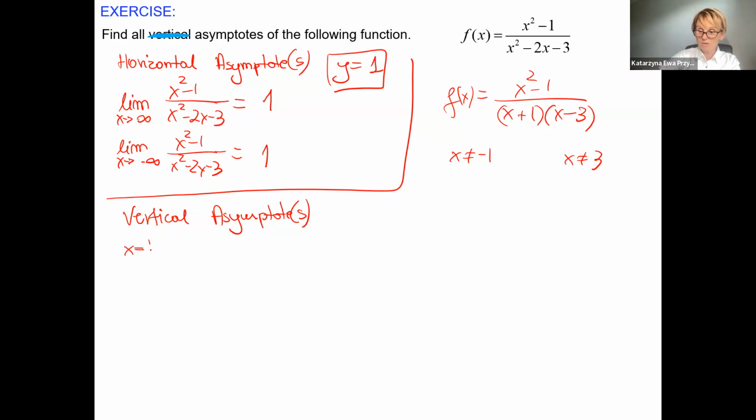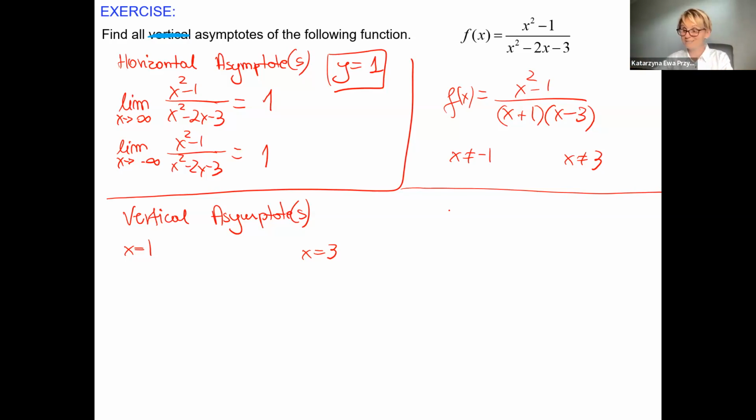Okay, that means maybe this and this, but they are just question mark, because not all of the numbers that are not in the domain are asymptotes. We remember algebraically, if we can eliminate that factor, that 0 from the denominator, then this is not an asymptote.